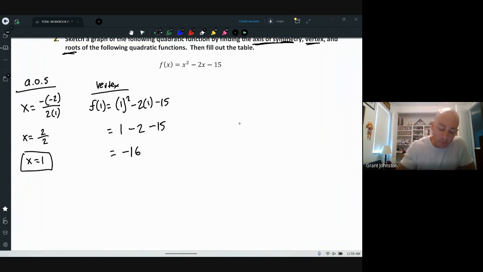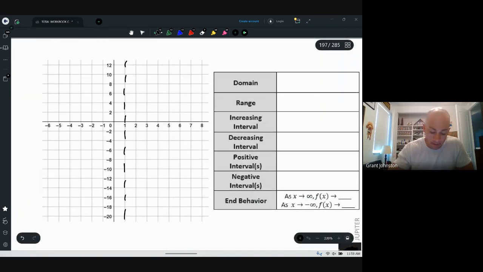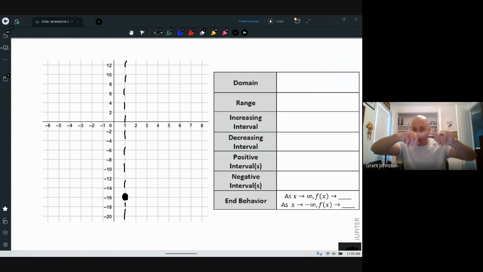So the vertex would be at 1 comma negative 16. So let me go plot that. The vertex would be here. Okay. So I know that's where it's going to change from decreasing to increasing, because it's going to open up because of the positive coefficient.